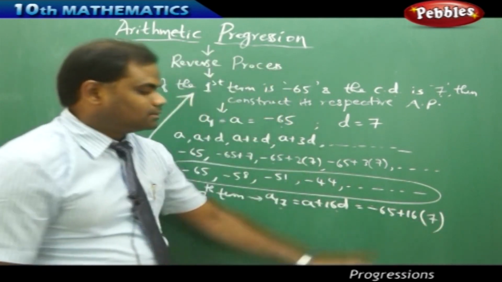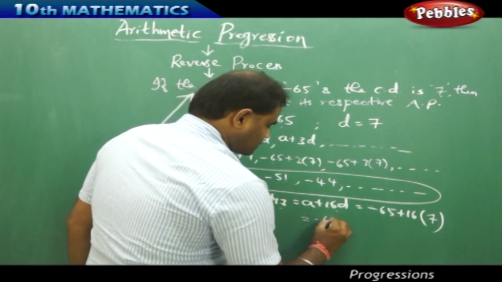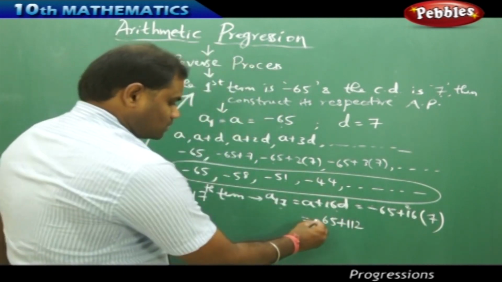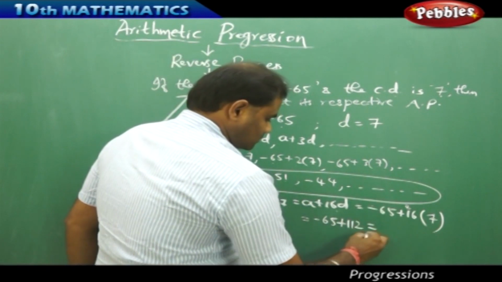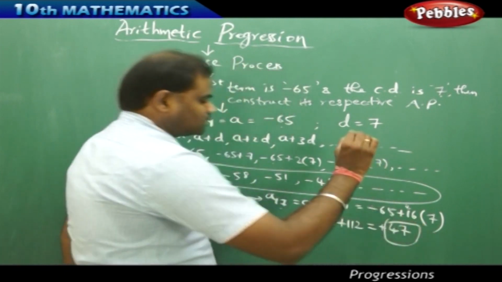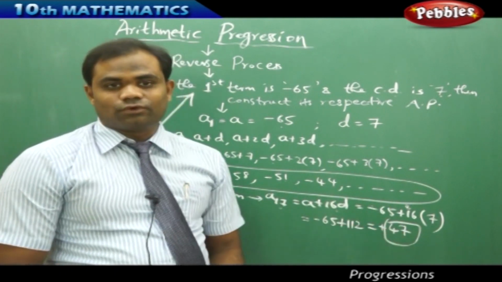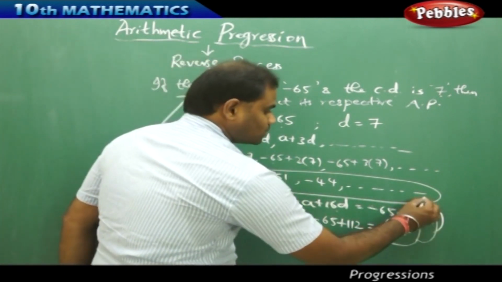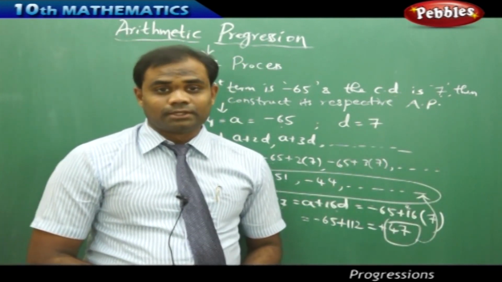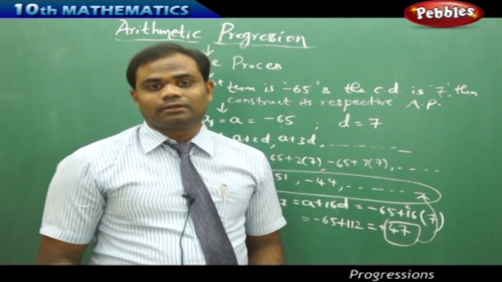So this reduces to negative 65 plus 112, which is 47. So my 17th term is 47 in the given sequence. This is how we understand the concept of arithmetic progression connected with the first term, the common difference, and the nth term, an equals a plus n minus 1 times d.